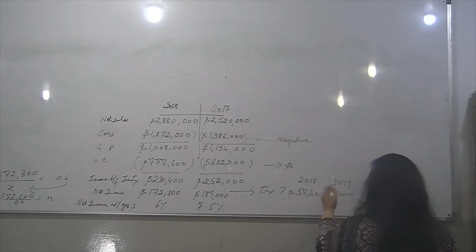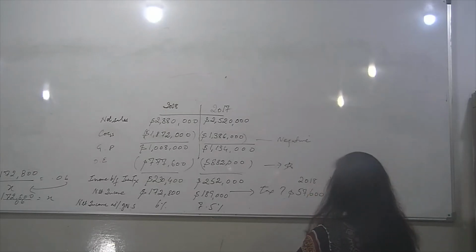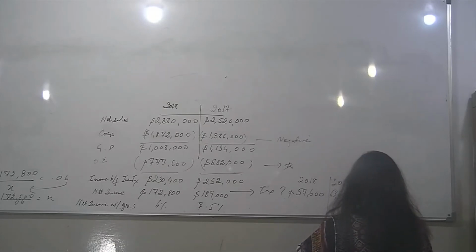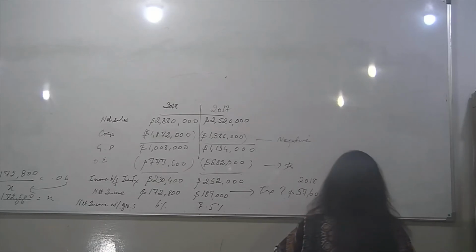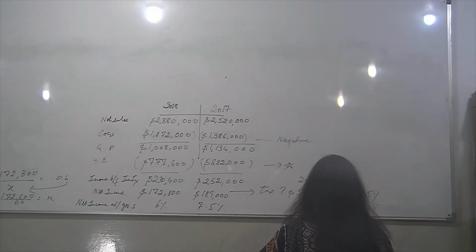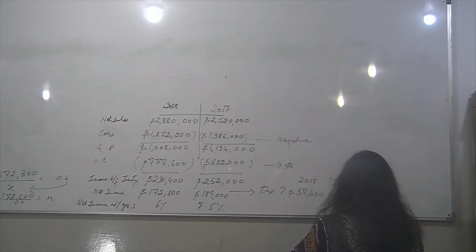Now if you divide them by the respective sales, what is the percentage? Dividing by 252,000 you can have 25%. And what is the percentage for this? This is 57,600 by 2,880,000. Let me just see.